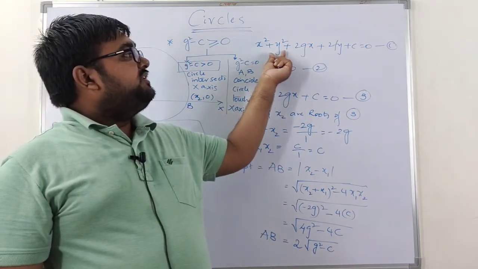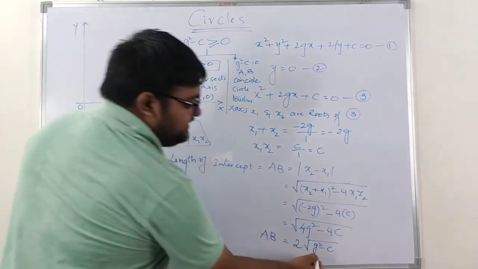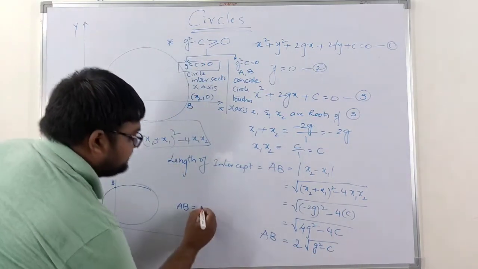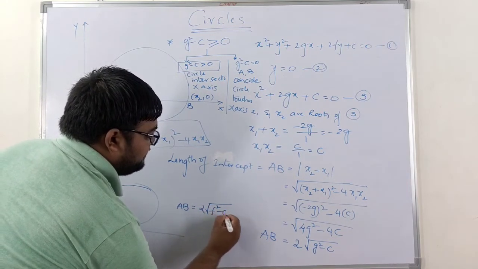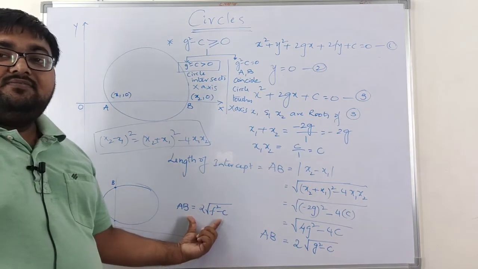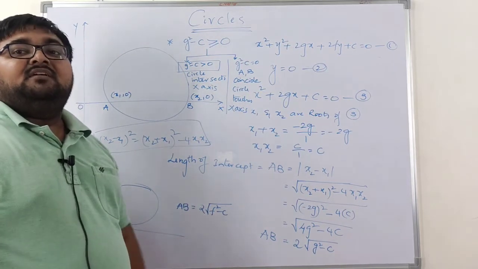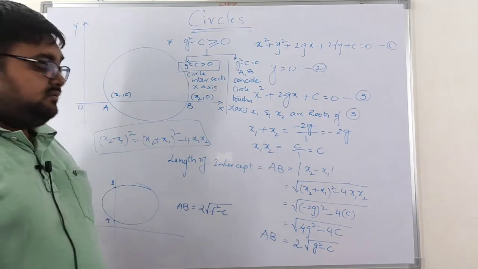From there I get y square plus 2fy plus c is equal to 0. So instead of g I get f, and I can write it as 2 into square root of f square minus c. This is the length of intercept made by the circle with the y axis.